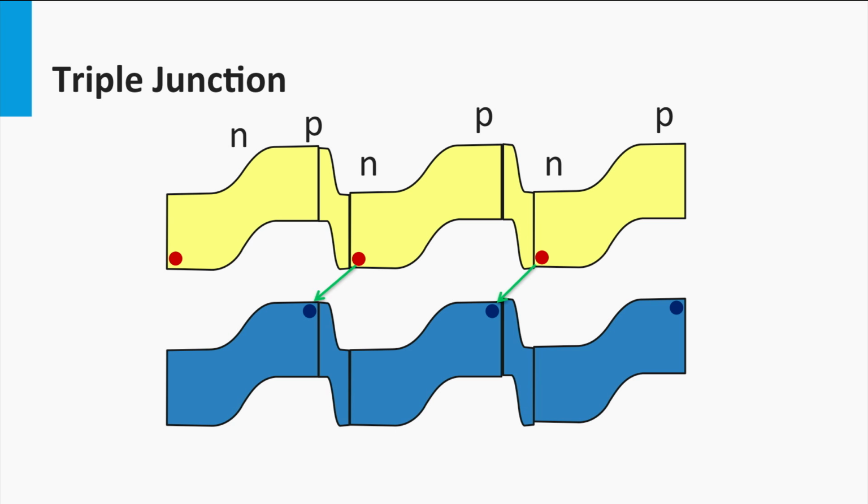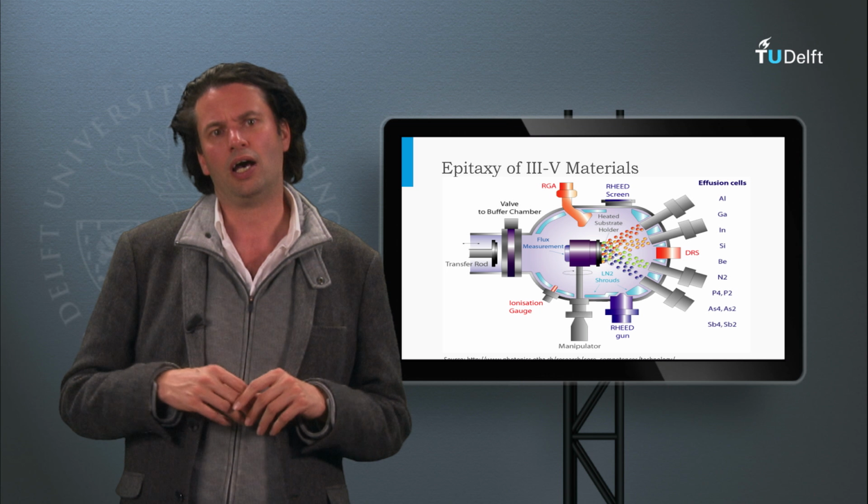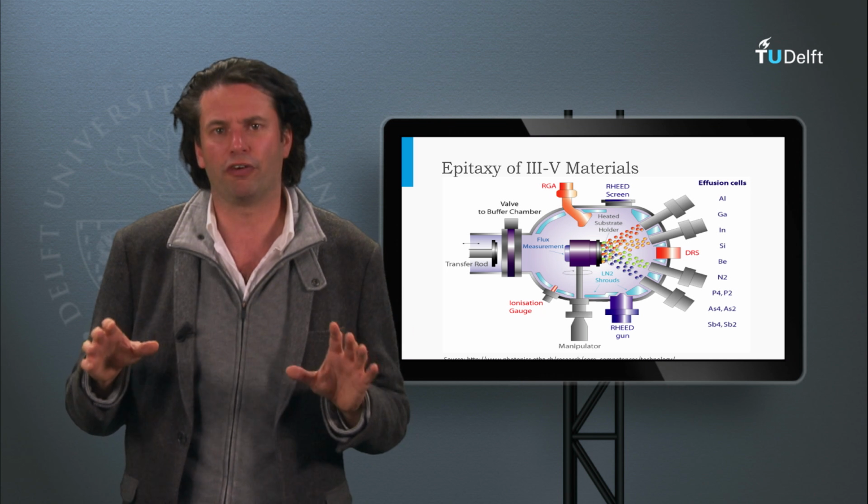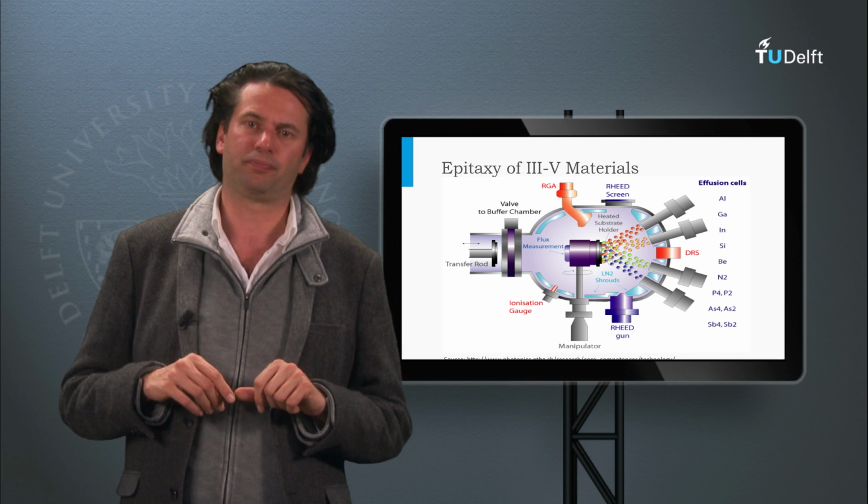The electrons of the top cell are collected at the front contact and the holes in the P layer at the back contact. This demonstrates that the recombination current at the tunnel junctions represent the current density of the triple junction. The cell producing the lowest current will determine the current density of the cell, just like we expected for series connected cells. Let's move to the processing of 3,5 semiconductor materials.